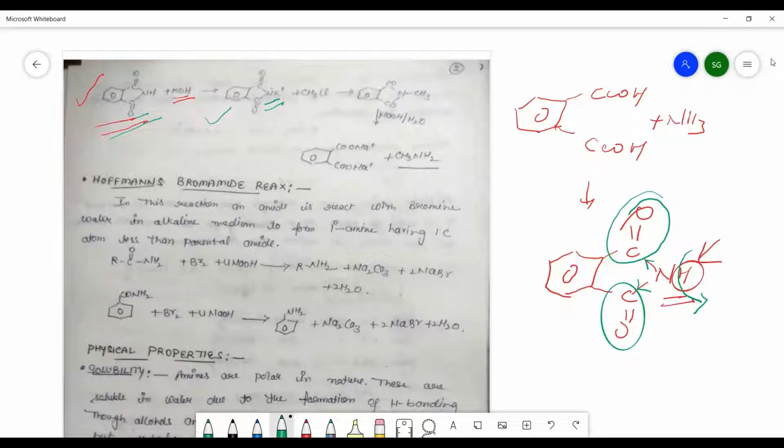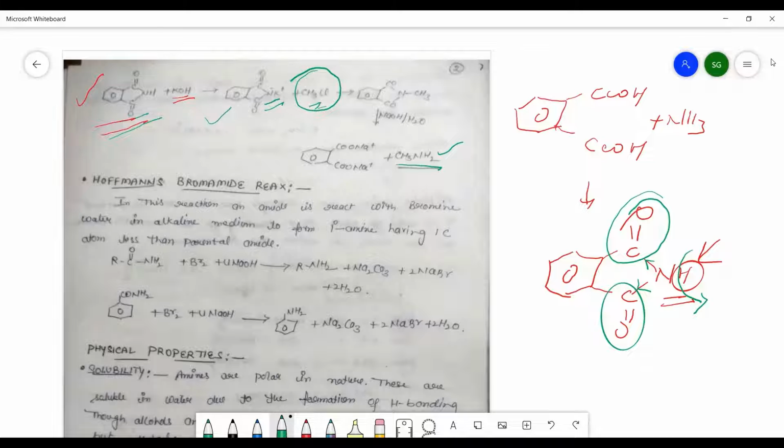After that, depending upon what type of amine we want to get, we have to take the alkyl halide over here. If you want to make the primary methylamine, you can take CH3Cl; for ethylamine, you can take C2H5Cl; for benzylamine, you can take C6H5CH2Cl.